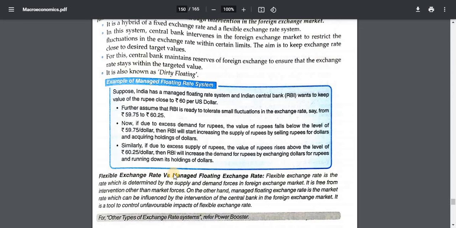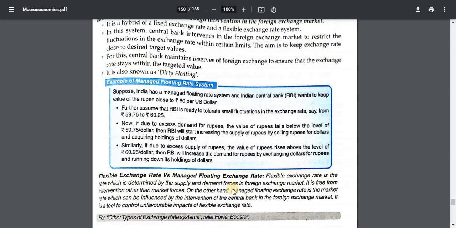Flexible exchange rate versus managed floating exchange rate. The flexible exchange rate is the rate which is determined by the supply and demand forces in the foreign exchange market. It is free from intervention other than market forces.